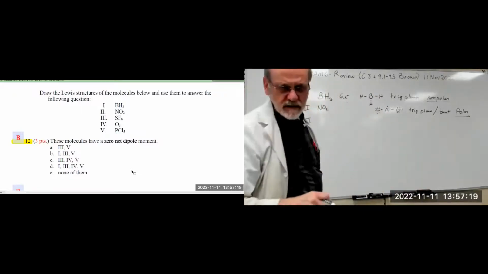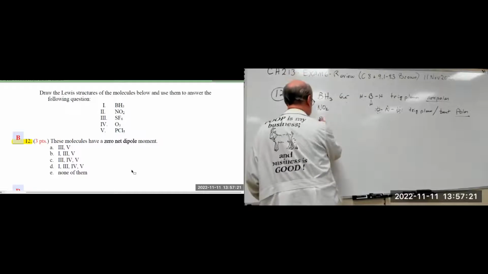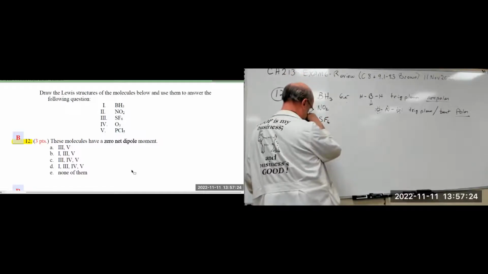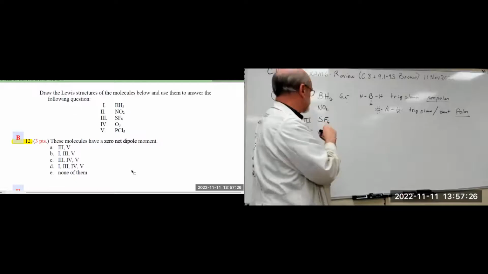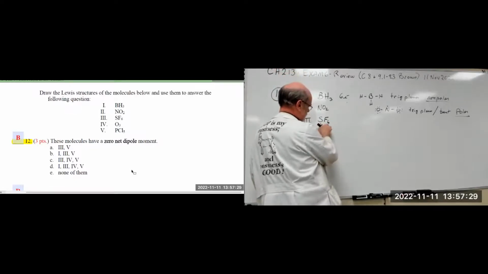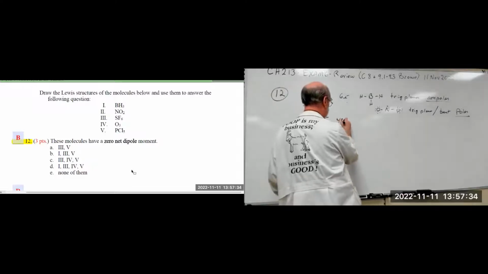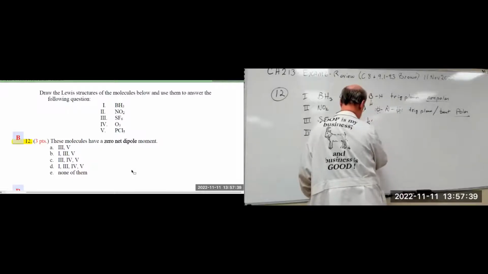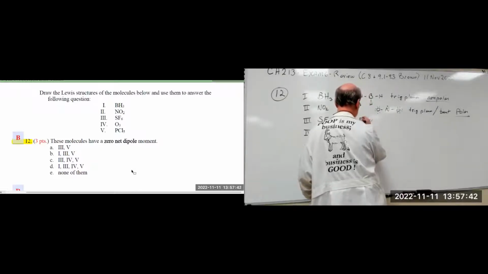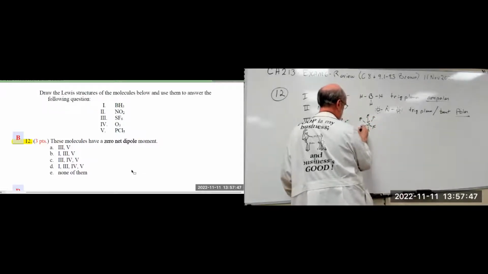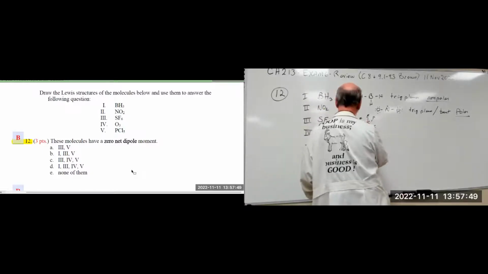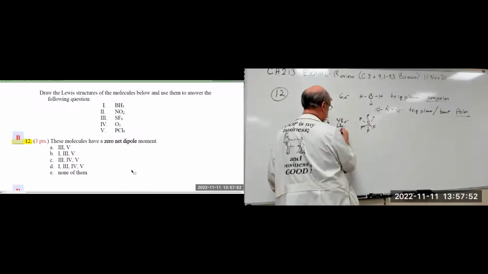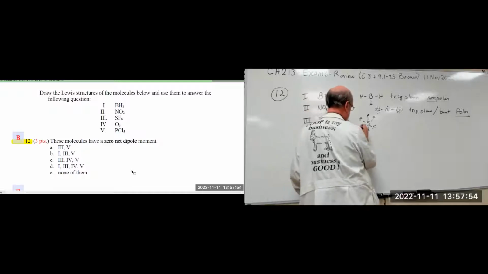All right, what's 3? Sulfur hexafluoride. Sulfur has 6 electrons, and halogens have 7, so that's 42 and 6 is 48. Right, 1, 2, 3, 4, 5, 6. All right, so that's 2, 4, 6, that's 12. If you used up 12, 36.